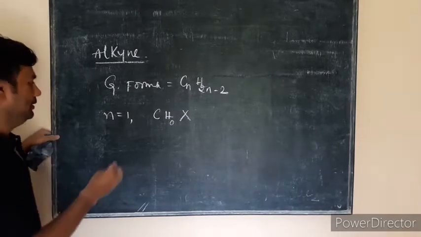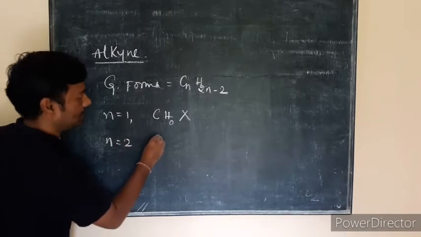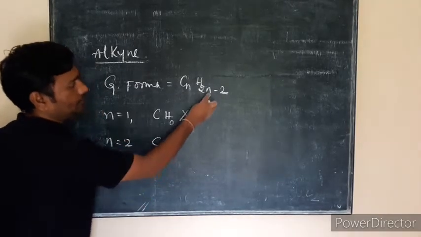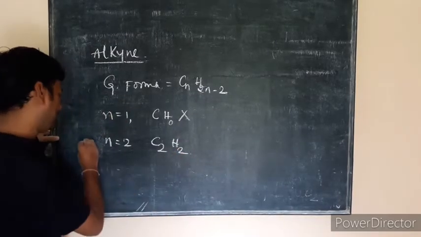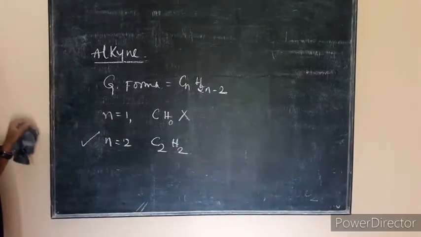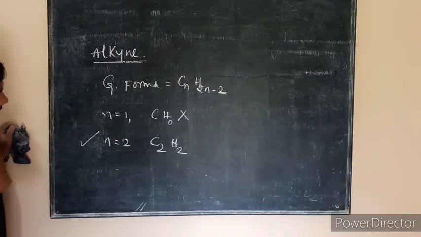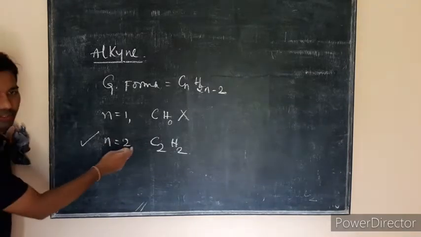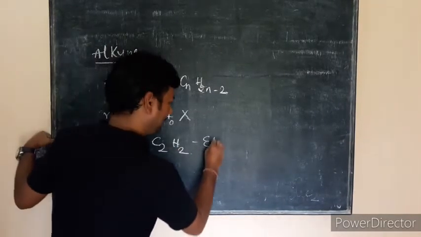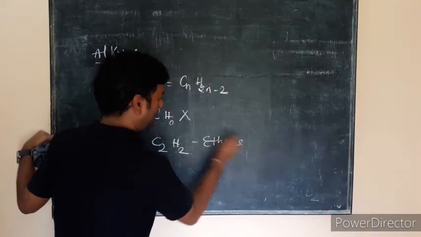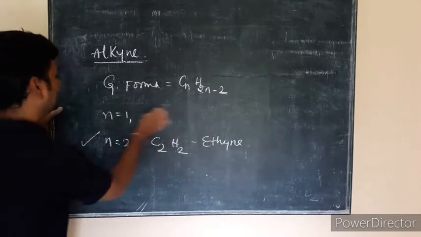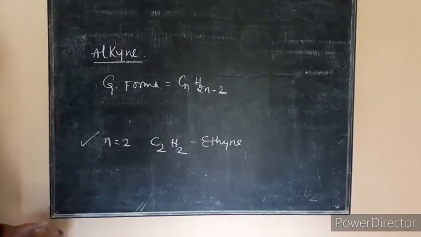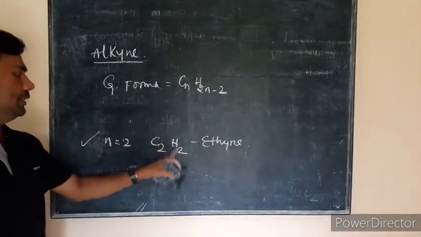It will start from n is equal to 2, that is C2H2: if you substitute 2, 2 times 2 is 4, 4 minus 2 is 2. The first member of the alkyne is ethyne. Methyne will not be there because there is no hydrogen. It will start from n is equal to 2 only.